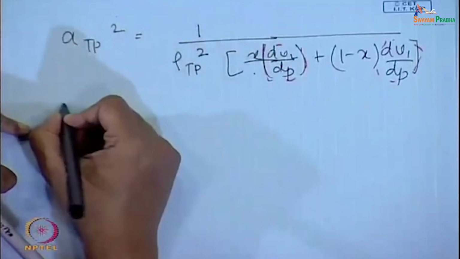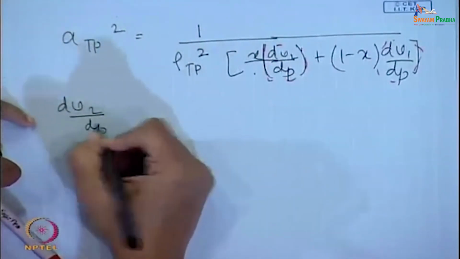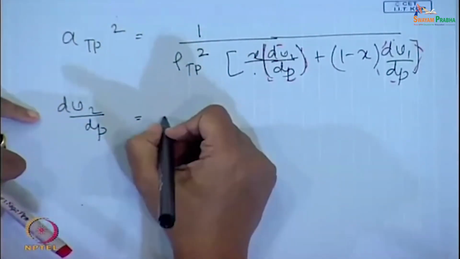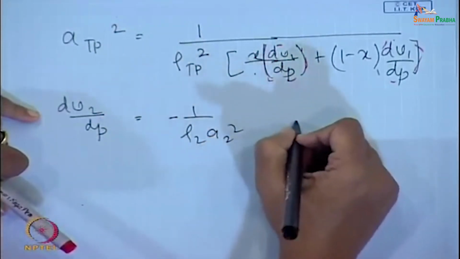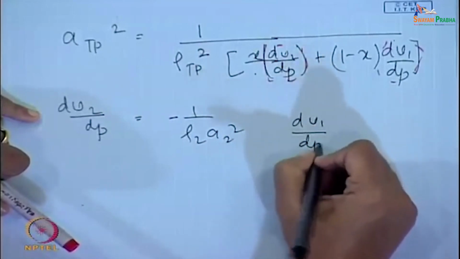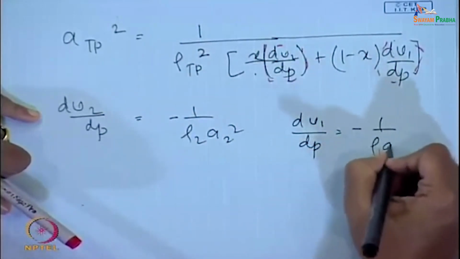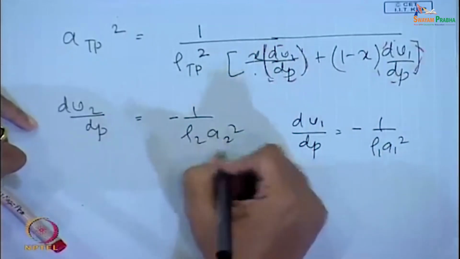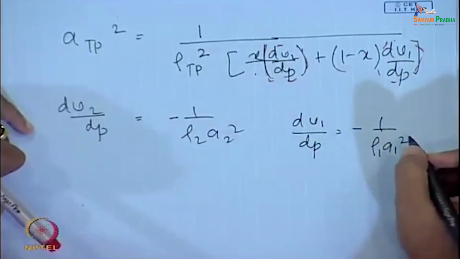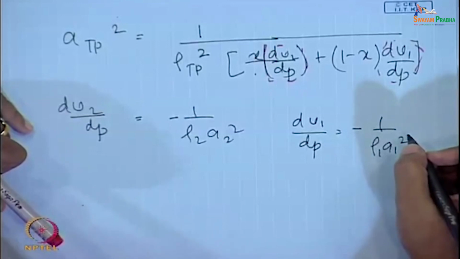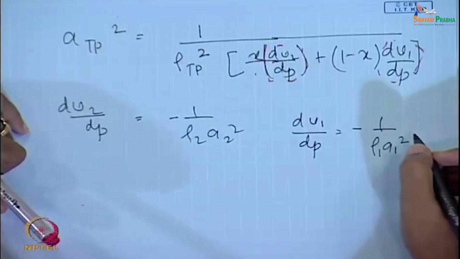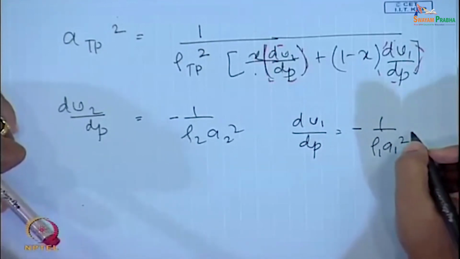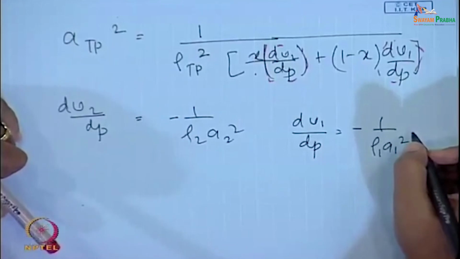So, how can we define these particular things? This dV2/dP is nothing but equal to minus 1 by rho 2 A2 square, fine, and dV1/dP is nothing but minus 1 by rho 1 A1 square, where A2 and A1 are the acoustic velocities in fluid 2 and fluid 1 under these pseudo homogeneous conditions or under the conditions of this homogeneous flow, fine.